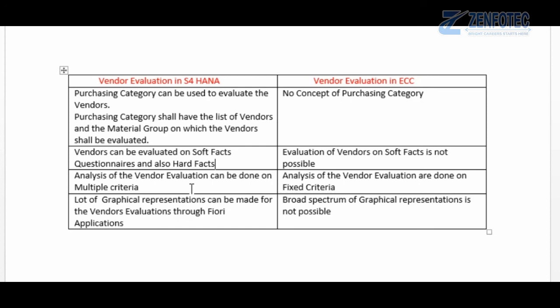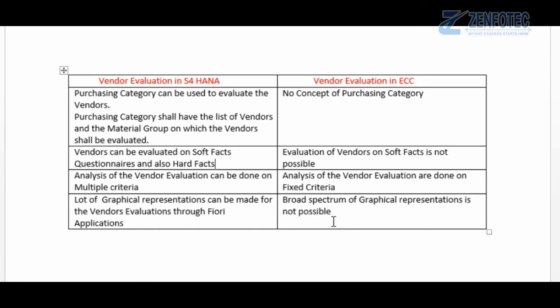In ECC, the comparison criteria are very much fixed. Now, there will be a lot of graphical representations that can be made for the vendor evaluation through the Fiori applications. And in vendor evaluation in SAP ECC, we will not have the graphical representation. It is not possible because we don't have Fiori apps. Here we have Fiori apps.